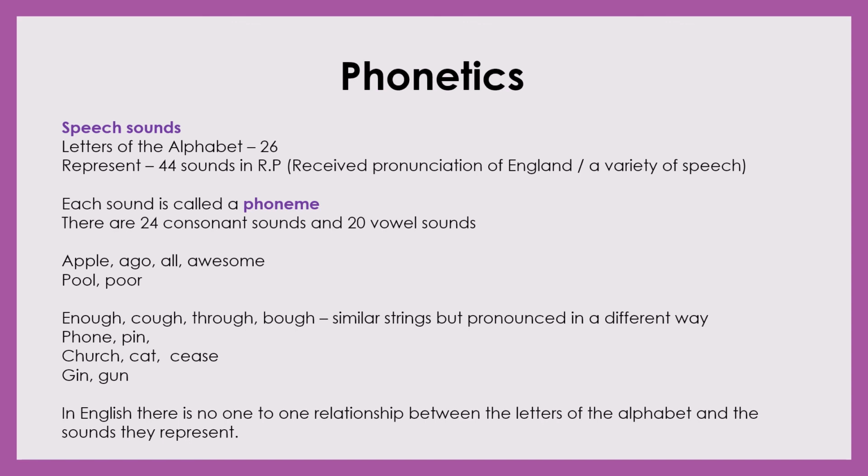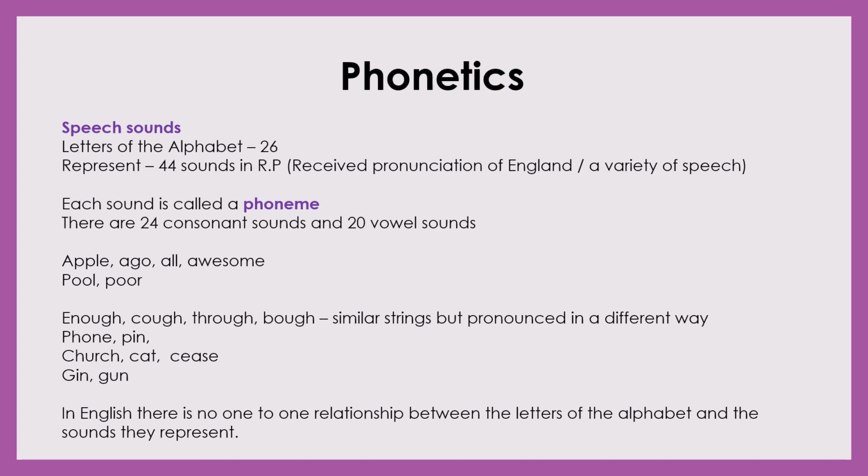Next, phone, pin. Both the words begin with the same letter P, but since H comes with P, that PH is pronounced as F. Church, cat, seas. All the three words begin with C, but they are pronounced differently.